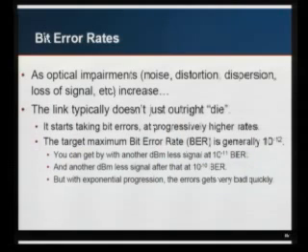So what happens when you have all these impairments and they start to do bad things is you get bit error rates. The signal doesn't just outright die. You don't cross a magic boundary where all of a sudden you had a perfectly working signal and now you have a dead signal. As the signal gets worse and worse, the bit error rate gets higher and higher.